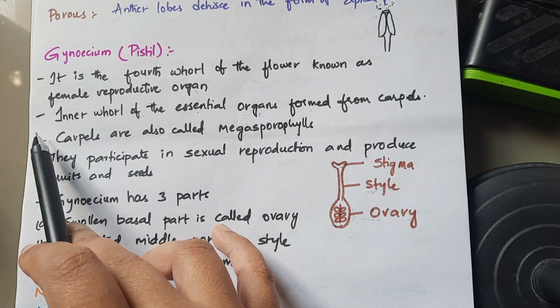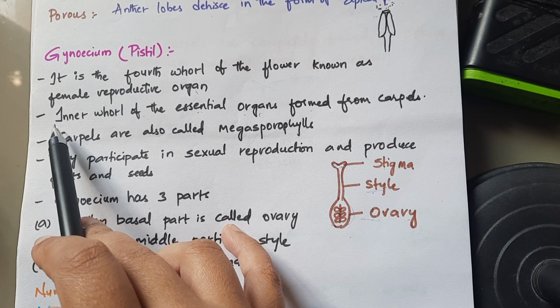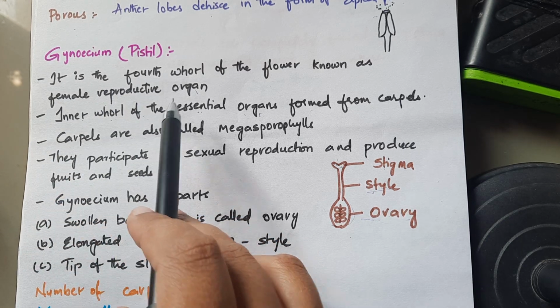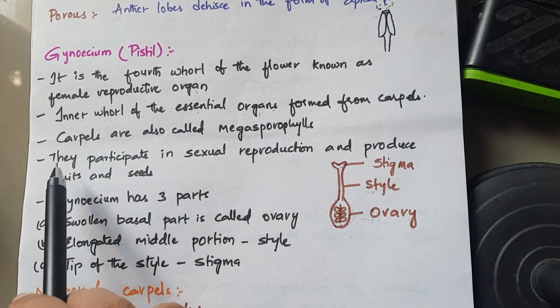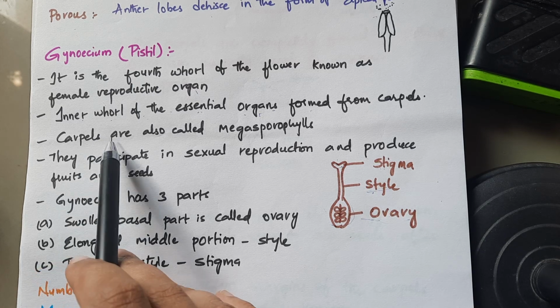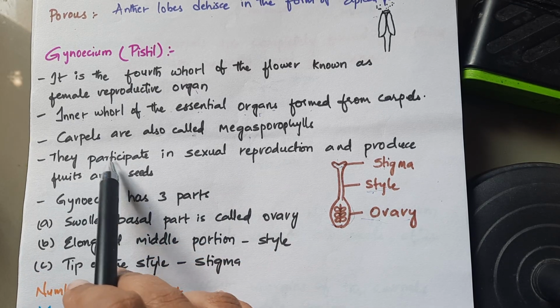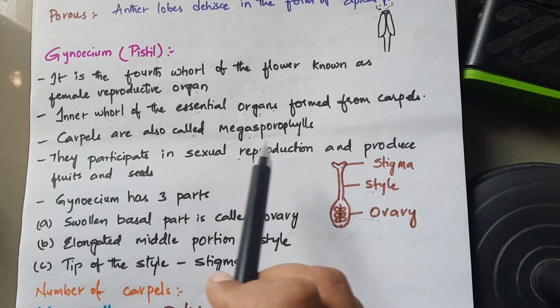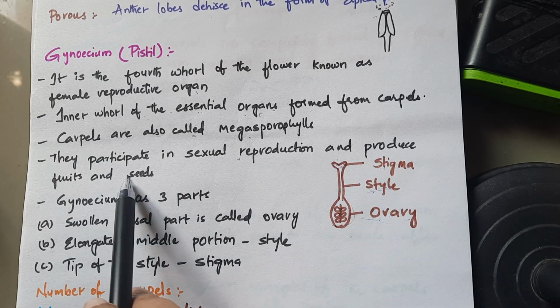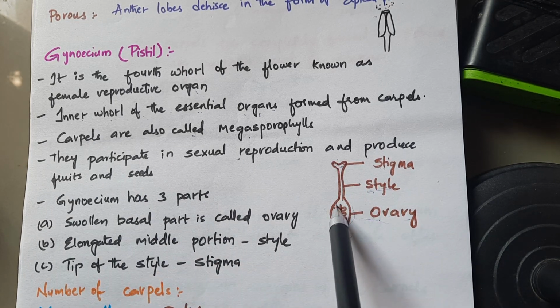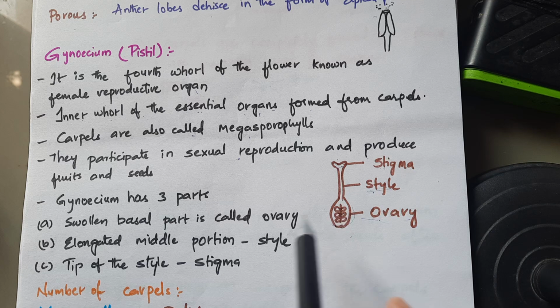Androecium is the outer whorl of the essential organs, and the gynoecium is the inner whorl. Carpels are also known as the megasporophylls. They participate in sexual reproduction and produce the fruits and seeds. The ovary takes part in fertilization, and the fruits and seeds are produced here.